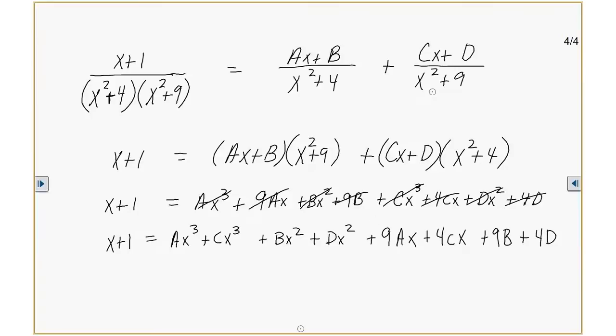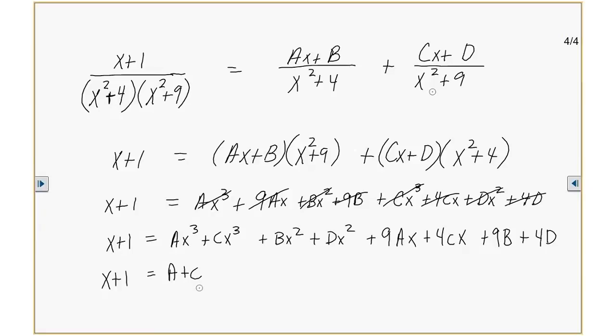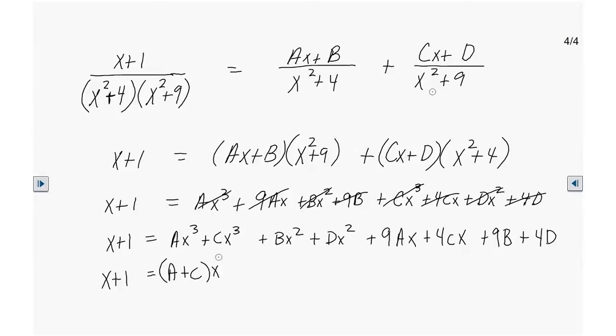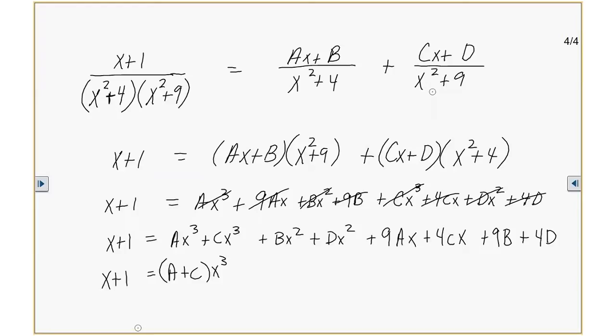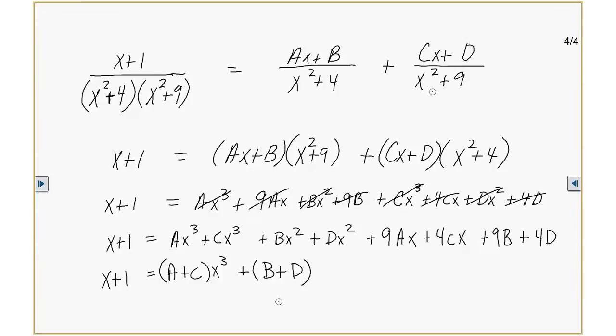Now, the reason I'm going through all this is because I'm showing you what the outcome is. Right here, watch. X plus 1 is equal to what? A plus C x cubed. And then that's going to work all the way down. Plus B plus D times what?